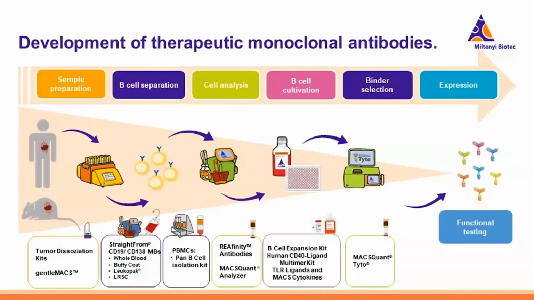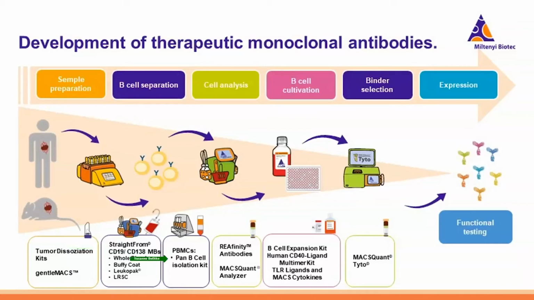And now I come to a conclusion of this workflow, so to say. So the kits that I would recommend you to use in this workflow: it's tumor dissociation kits and the gentleMACS to do your sample preparation. For the isolation of B cells, StraightFrom kits where you can really directly isolate your B cells from blood products in a really fast and also possibly automated manner that really saves you a lot of time.